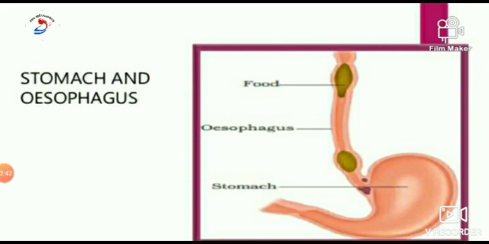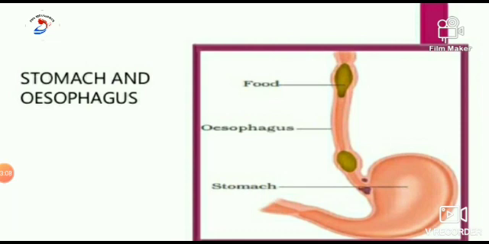The other name of the food pipe is esophagus. The food is passed from the mouth to the food pipe, and via the neck region it reaches the stomach. About the stomach we will be reading in the upcoming slides.